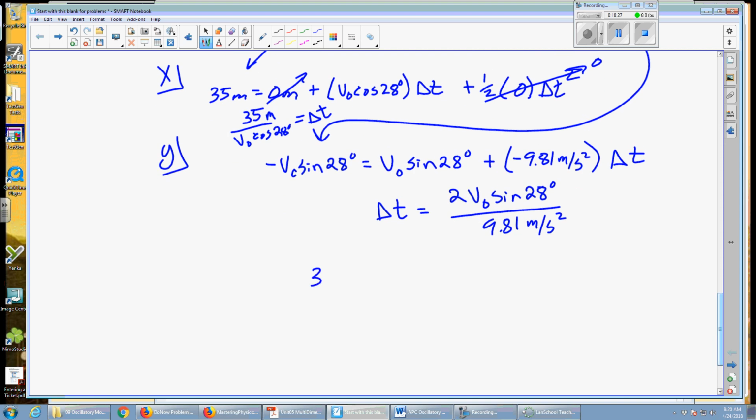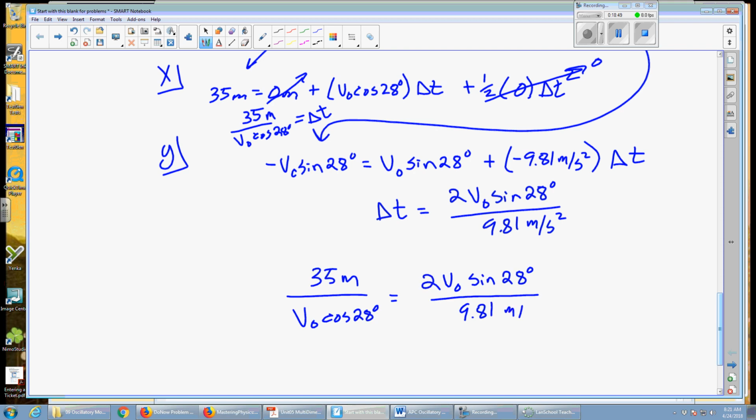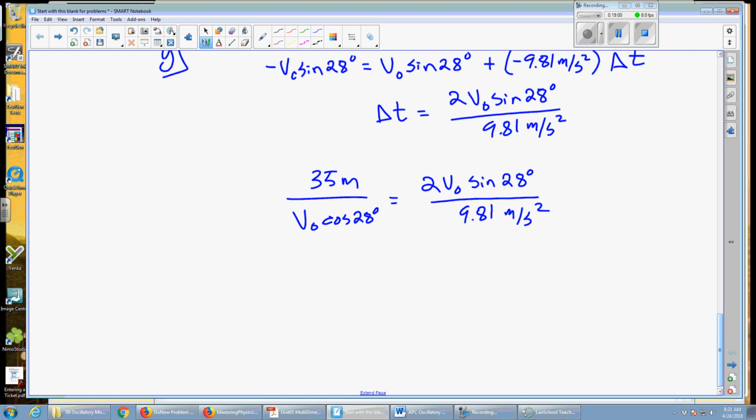So I have 35 meters over V naught cosine 28 degrees equals 2 V naught sine of 28 degrees over 9.81 meters per second squared. And then I can just solve that for V naught. Maybe we'll do one more math step.